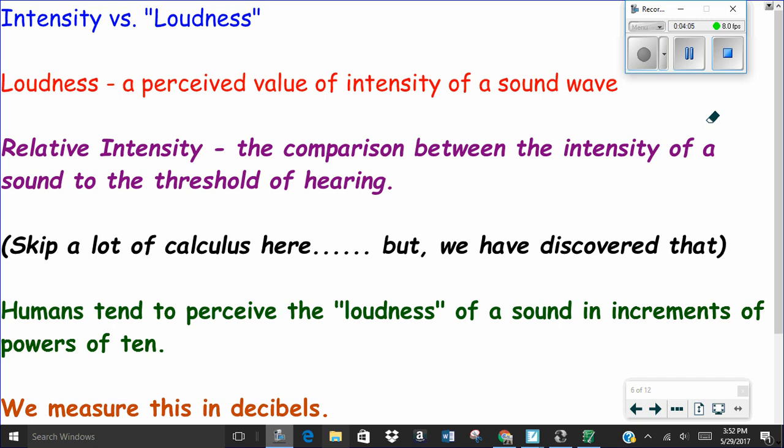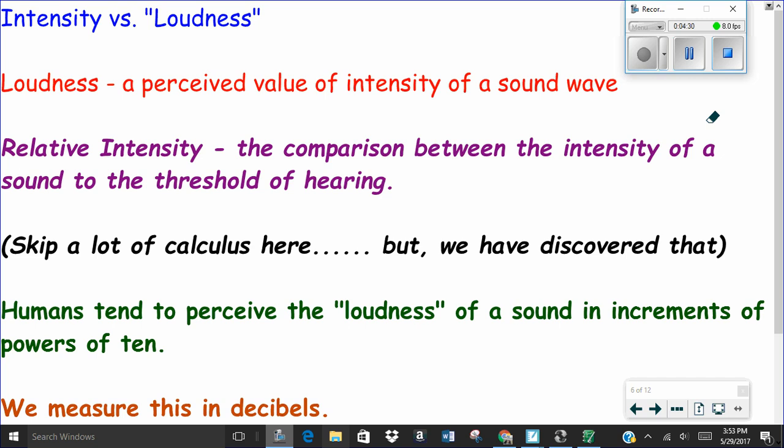So the loudness of the sound is only paired up with this term if we've got a receptor of that longitudinal compression wave. So loudness is defined as a perceived value of intensity of a sound wave. So again, if you have an eardrum present, you can register that intensity of that wave as loudness.